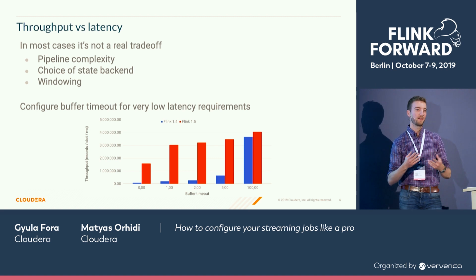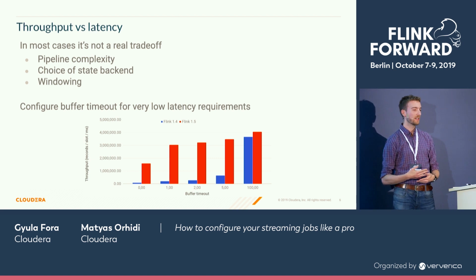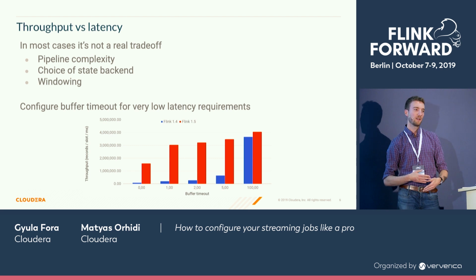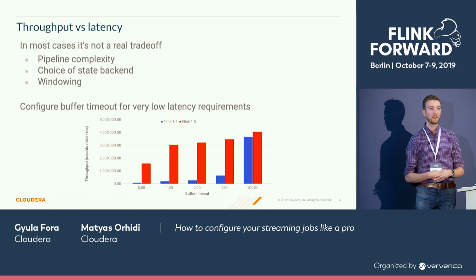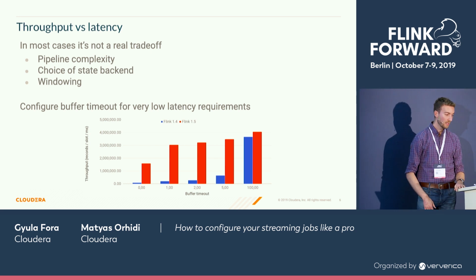So in many cases, we're affecting both of them without having any trade-off, really. For instance, when we increase our pipeline complexity, or we choose RocksDB instead of the heap state backend, we decrease our throughput and increase the latency, so we get worse on both. Same with windowing applications, including windowing semantics, where latency is not even a consideration, but still people try to think about it when it doesn't make sense.